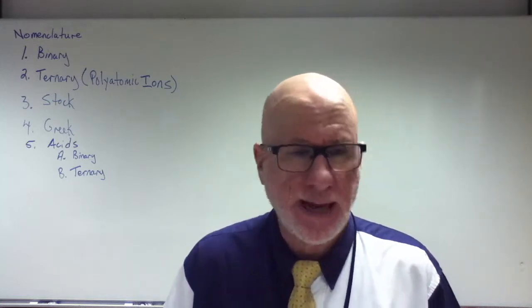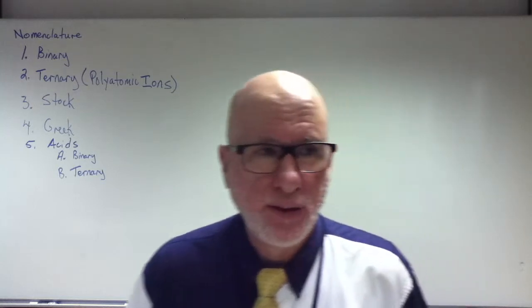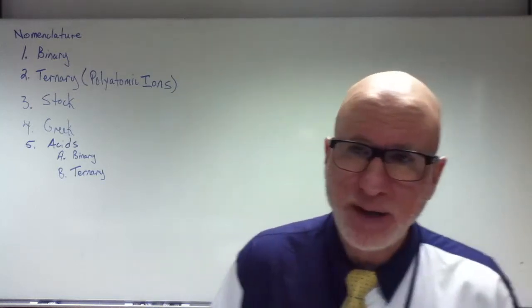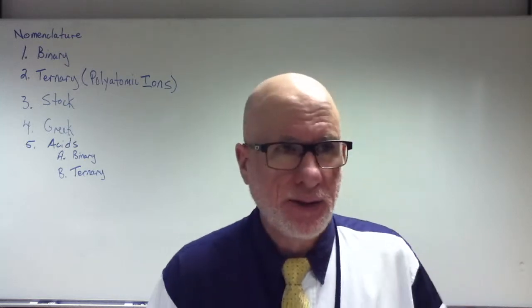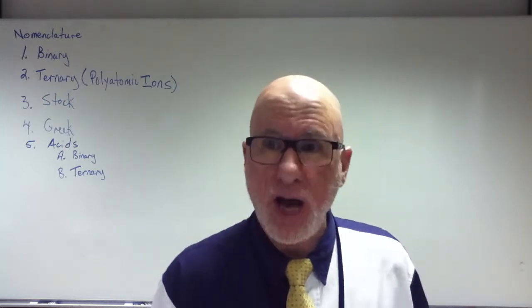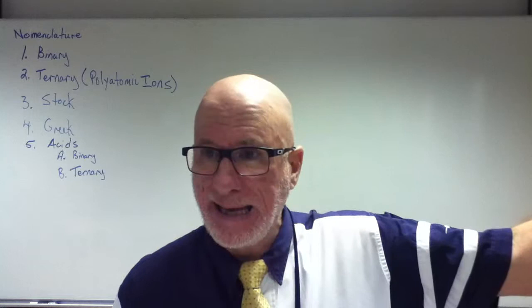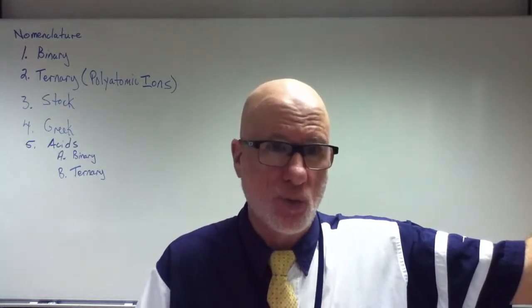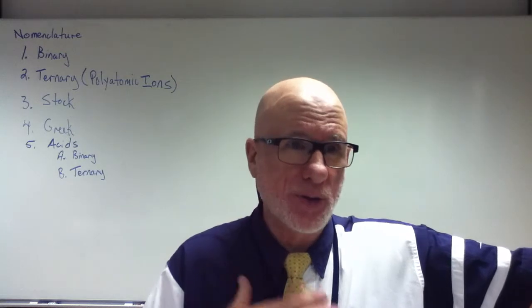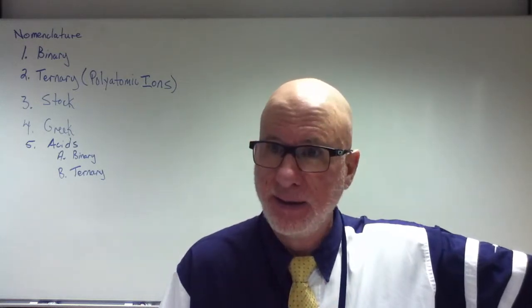So, let's begin. Now, we have studied the periodic table. We've studied a little bit of quantum mechanics. We've studied electron configuration, and we know that group 1A elements, I'm going to sound American, 1A or just 1. I'm going to go back and forth between American and IUPAC.